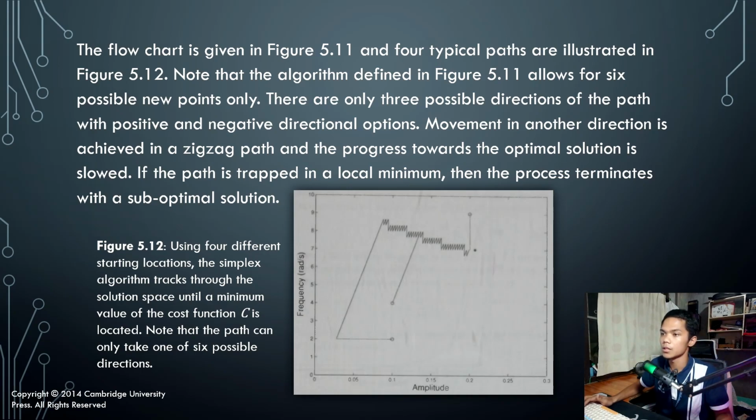If the path is trapped in a local minimum, then the process terminates with a suboptimal solution. This is figure 5.12. Using 4 different starting locations, the simplex algorithm tracks through the solution space until a minimum value of cost function C is located. Note that the path can only take one of 6 possible directions, as you can see here.